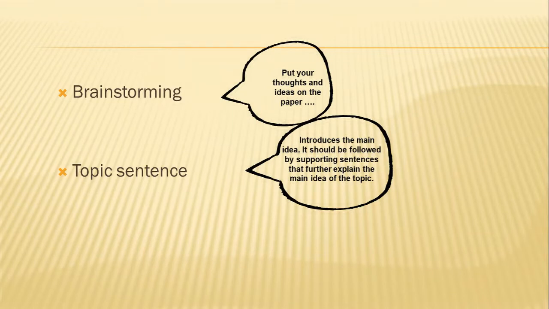You should also know what a topic sentence is. The topic sentence introduces the main idea. It should be followed by supporting sentences that further explain the main idea of the topic. These are some tips that you should know and you should include in your writing.